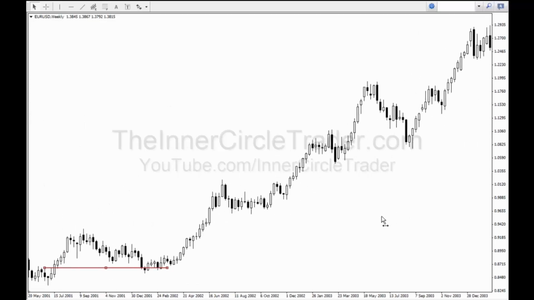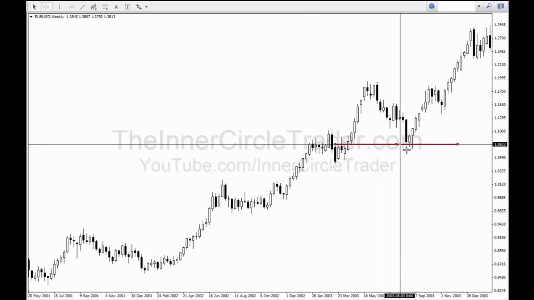As price begins to trade higher, obviously, we have new order blocks forming where price came down, spent very little time here, rallied off aggressively, and then dropped back down into the order block right here. Again, we're just going to use the old high.